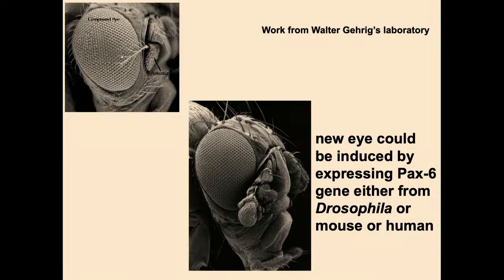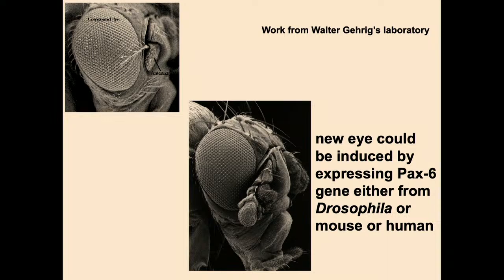What Walter Gehring's lab has shown is that you take PAX6 from mouse or human and put it in Drosophila antennae. In the place of antennae, you now see a small eye coming up, right? This is the normal original eye, and this is the new ectopic eye. This ectopic eye can be formed by overexpressing PAX6 from Drosophila or from human or from mouse.